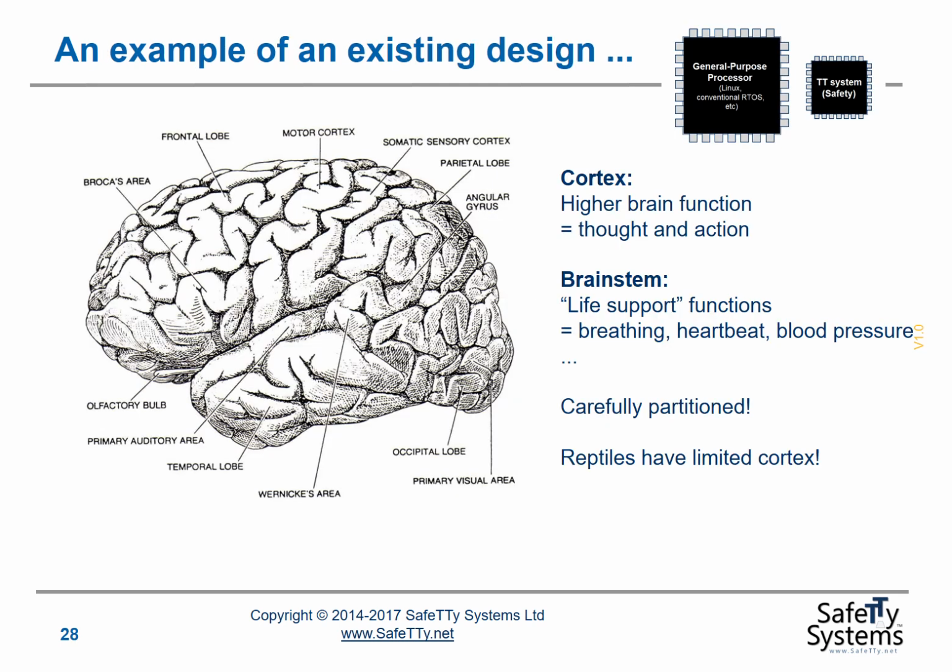So here's an example of a similar existing design that you may have come across before. If we have a complicated ADAS system with a TT monitoring system, a similar arrangement is in place in our heads. We have a cortex. This provides higher level brain functions for thought and action.